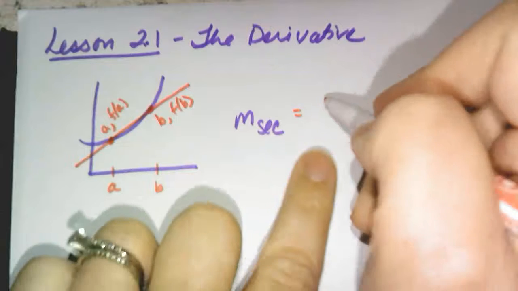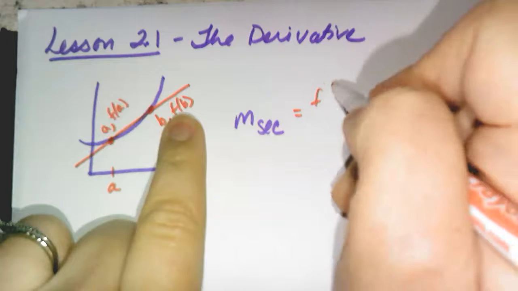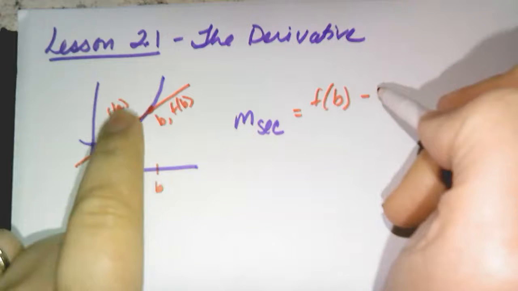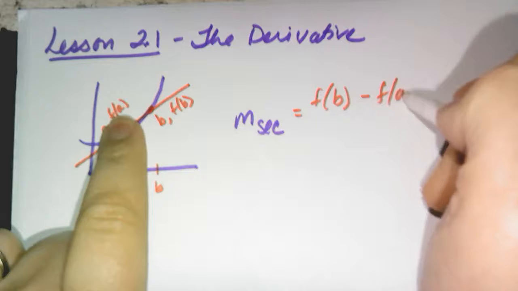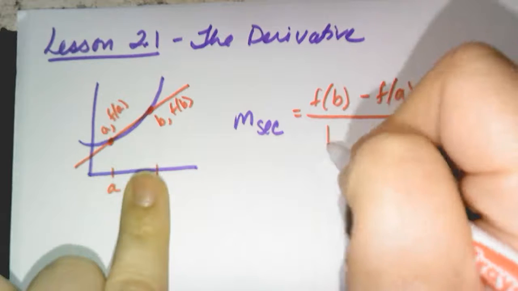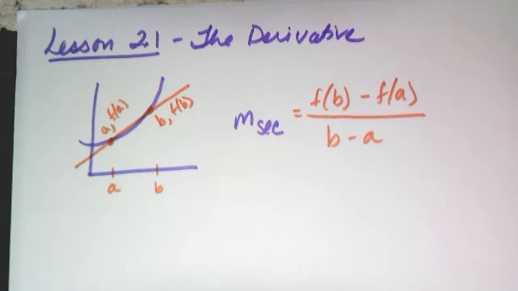Or with my notation, F of B minus F of A over B minus A. Now, we did this in pre-calculus last year. We called this the average rate of change.